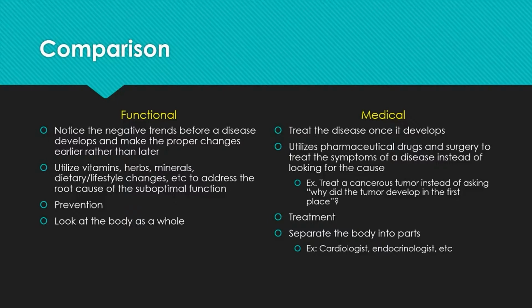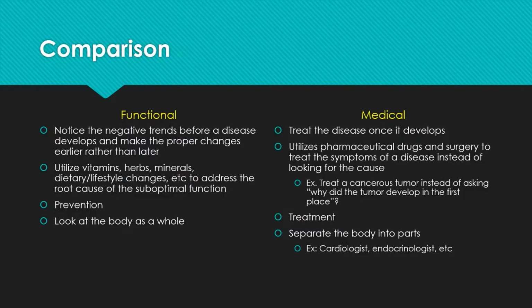But they're not going to ask, why is this individual constantly producing cancerous tumors? A functional nutritionist might say they have a lot of environmental factors that cause cancer, they aren't very good at detoxing, and they're not taking in a lot of antioxidants, which help fight cancerous tumors and keep them away.